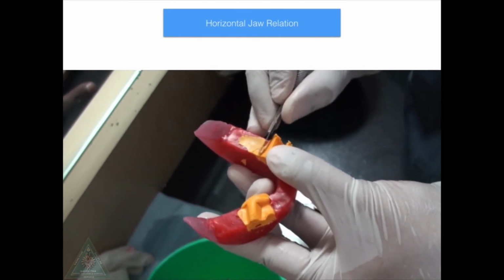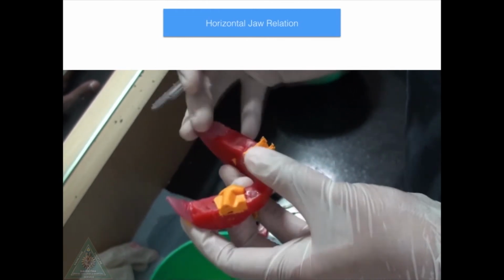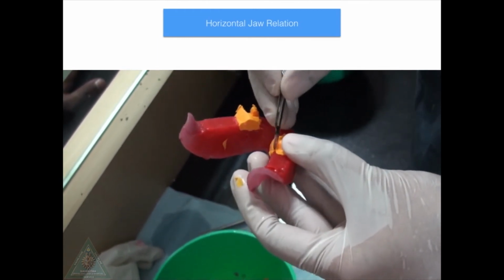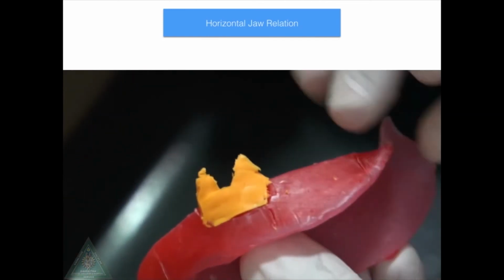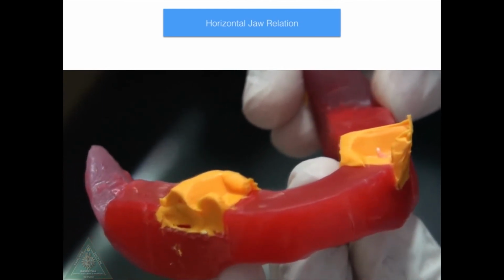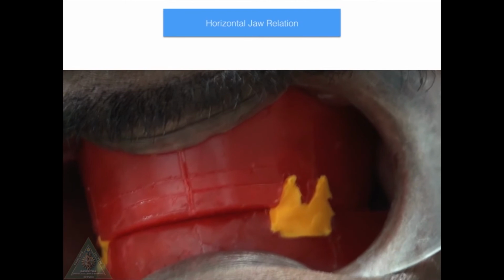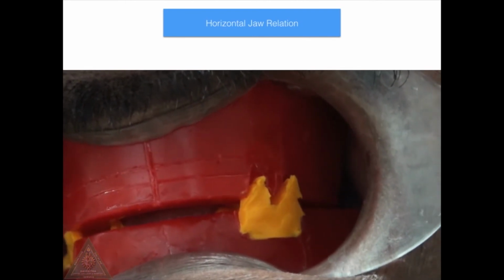Next are the functional methods of recording centric relation. There are two methods, namely the Needlehouse and the Patterson method. In the Needlehouse method, as shown in the figure, four metal pins are attached to occlusal rims made of impression compound. We ask the patient to go forward, backward, right and left, and you will see four markings made on the lower occlusal rim.